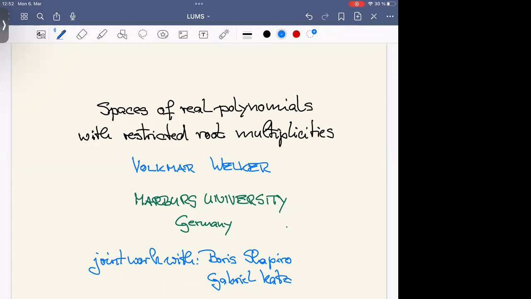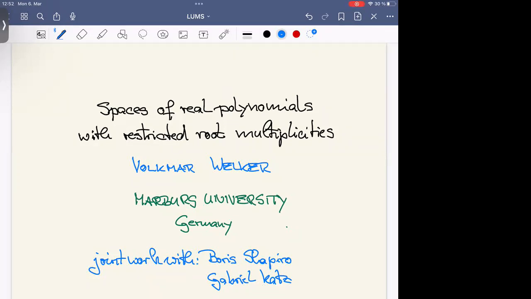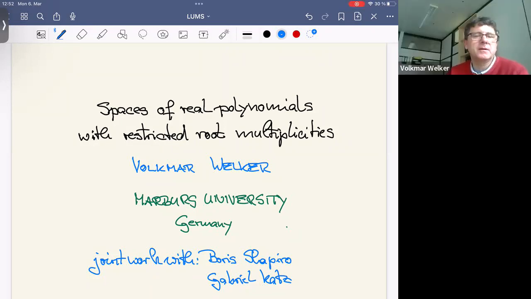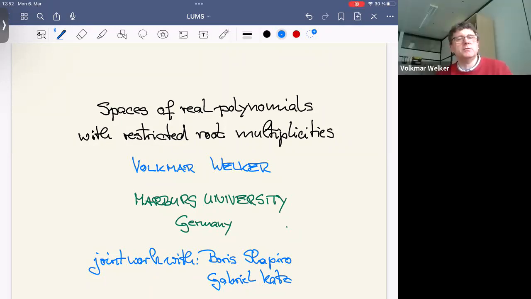No. It's a converse. If your omegas all fill up D, then your polynomials must all be real rooted. So if you want, you can restrict your considerations.